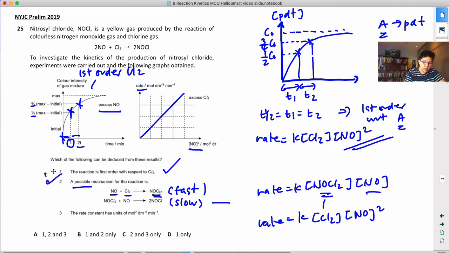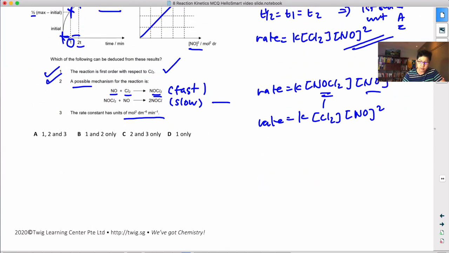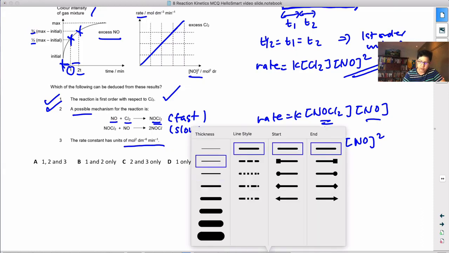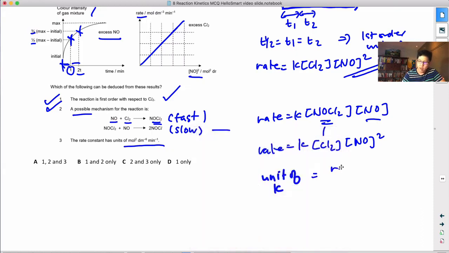The rate constant has this unit. What's the unit of the rate constant? Since it's a third order reaction, unit of k is rate over concentration of Cl2 times NO squared.